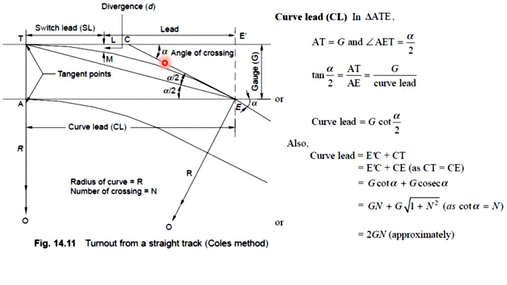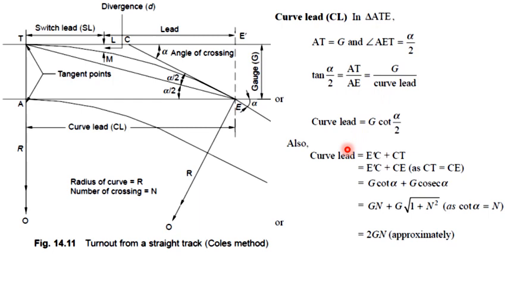This is the angle alpha. So this angle should also be alpha since both lines are parallel, and half of that angle is alpha by 2. So if we take tan alpha by 2, you have G divided by curve lead.